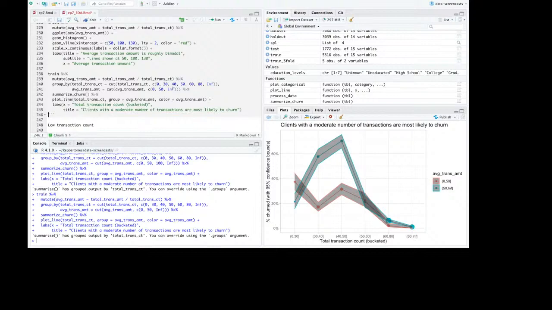Haha, look at that. That's kind of like an interaction term there. It's kind of an interesting plot. What I'm going to do is change this to an if-else. Amount is greater than or equal to 50.